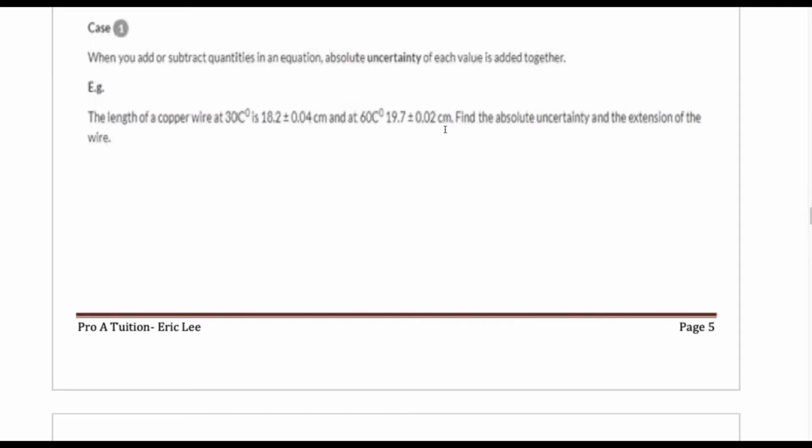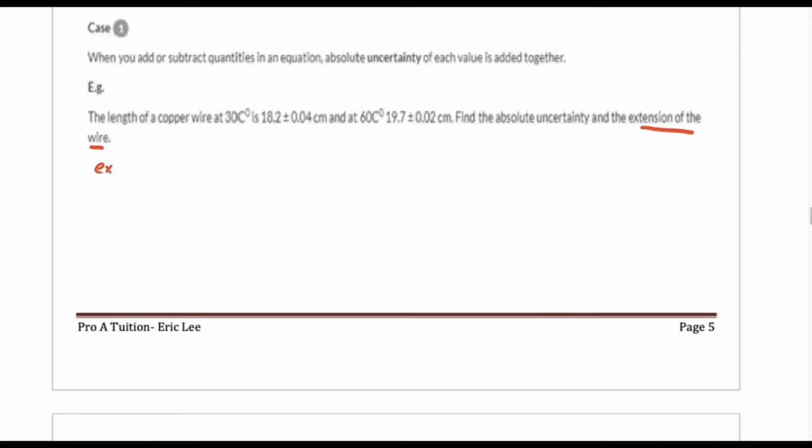Find the absolute uncertainty and the extension of the wire. First of all, we look at the extension of the wire, and from here we try to figure out the equation.